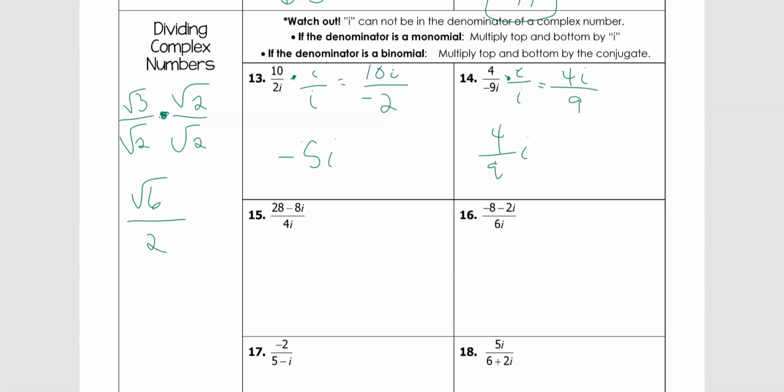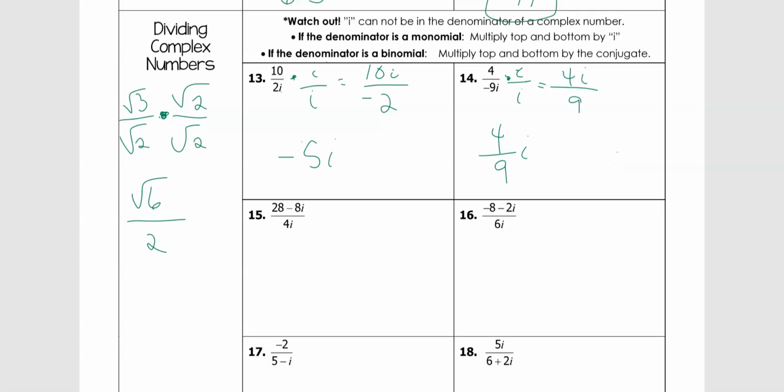Just make sure if you write it like this, that you use a vertical fraction, not a diagonal fraction. So 4 over 9, the way I have it written here, is not technically the same as 4 over 9i, the way it's written like this. Make sure you're doing vertical fractions.